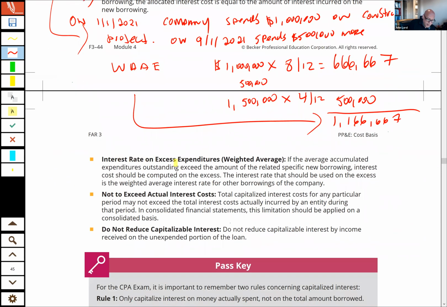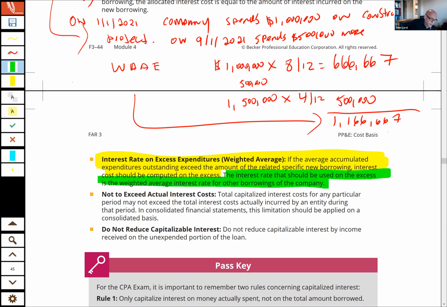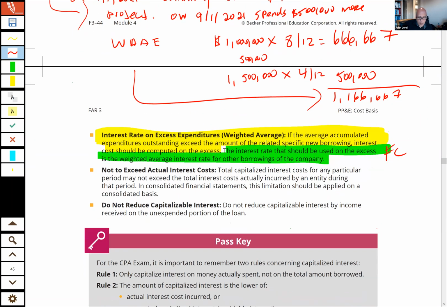Now, in the event that the weighted average of accumulated expenditure exceeds the specific borrowing, then interest needs to be accumulated on the excess. And the way you do that is you basically take the weighted average interest for all other borrowings of the company and apply that to the amount of borrowing that exceeds the weighted average of accumulated expenditures.